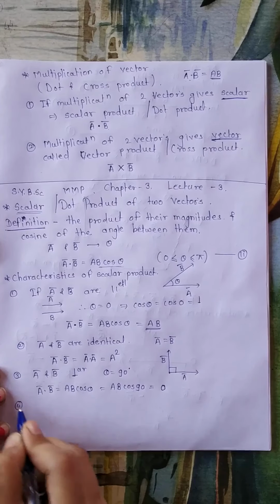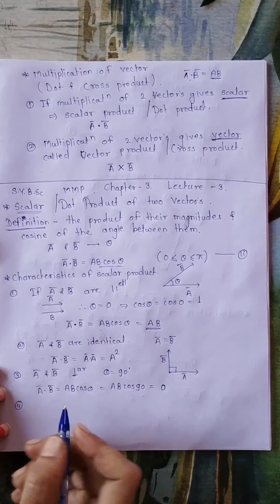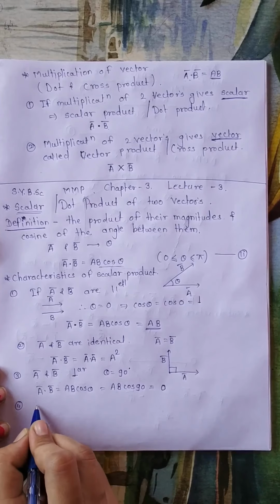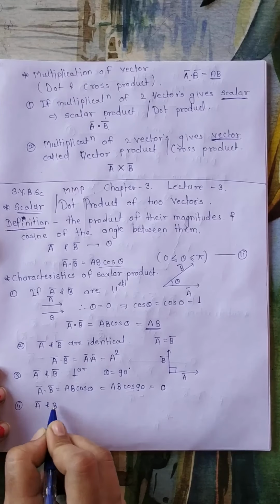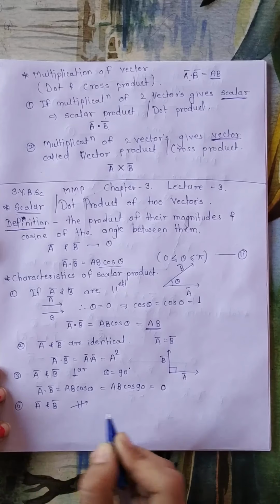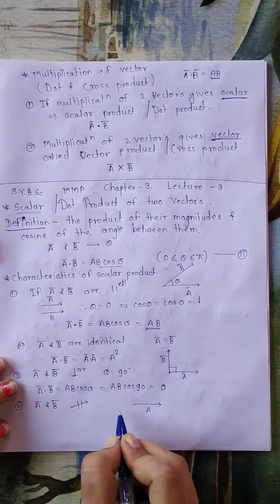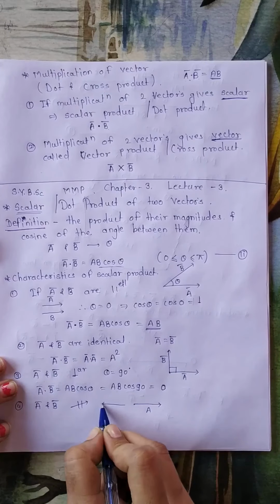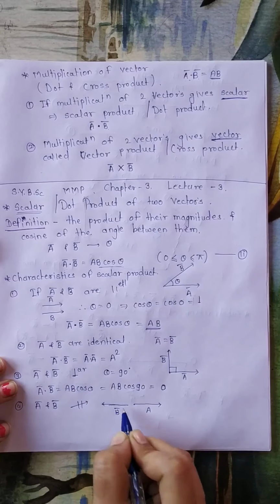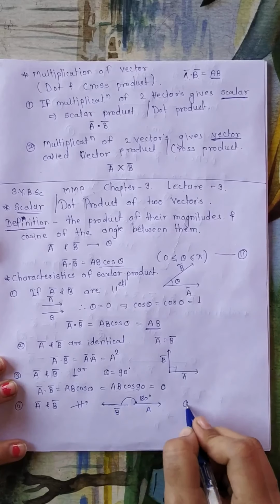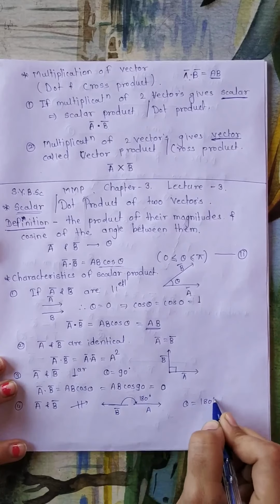Then the fourth characteristic is if two vectors are anti-parallel to each other, that is, a bar and b bar are anti-parallel to each other. This is the direction of a bar, and this is the direction of b bar. So the angle between them will be 180, that is theta is 180.